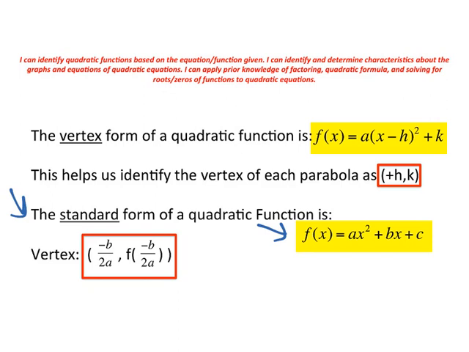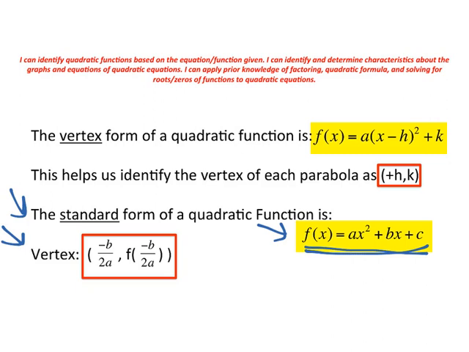The standard form of a quadratic function or equation is what we use to solve for the roots or the x-intercepts of a function using the quadratic formula, or using factoring. Okay, so you're familiar with this format. How do I find the vertex of a quadratic function if it is written in this standard form? I have that here boxed off in red down at the very bottom.